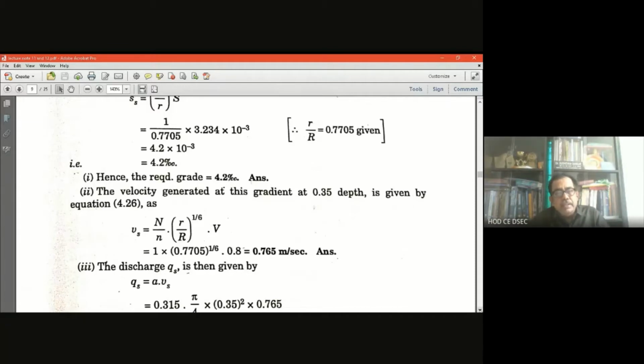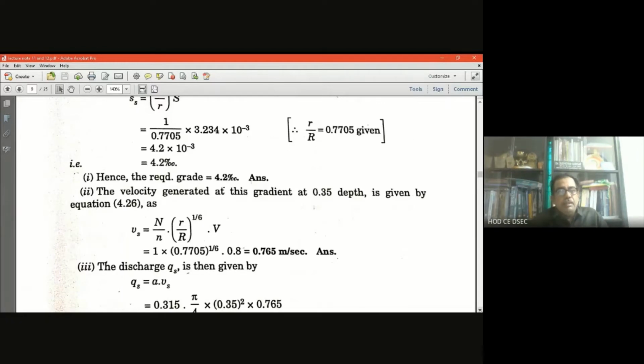Now capital N by small n is the same because it has been assumed constant irrespective of the depth of the flow, it is not going to change. Small r by capital R is also given, and V we have already found out. So Vs will be 0.765 meter per second. So velocity generated corresponding to the gradient at 0.35 meter depth is 0.765 meter per second.